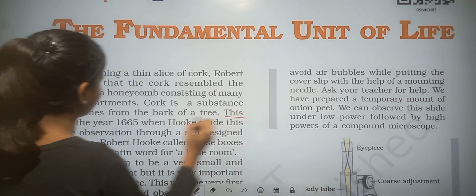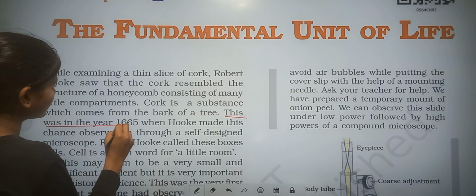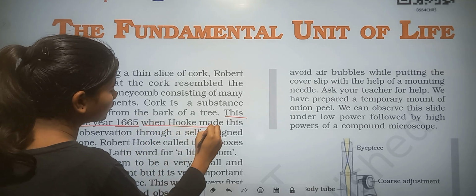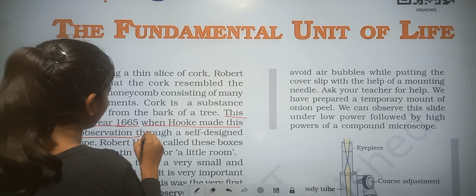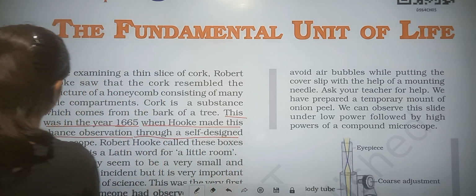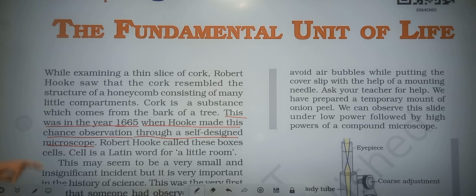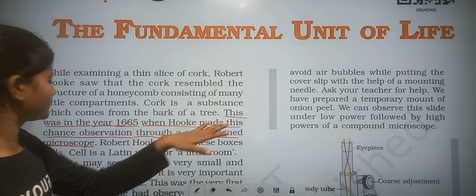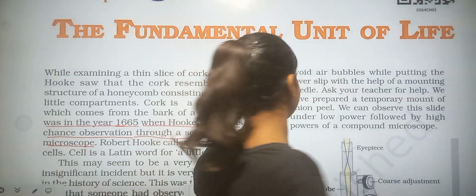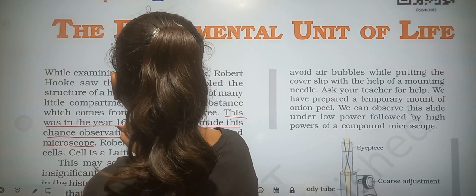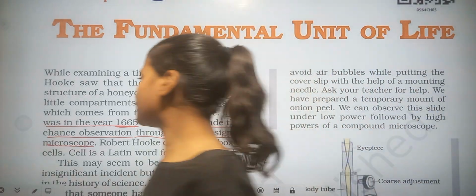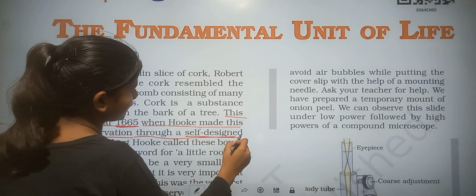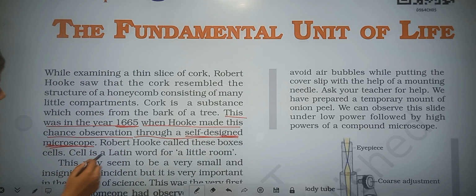This was in the year 1665 when Hooke made this chance observation through a self-designed microscope. Hooke observed cells through a self-designed microscope.